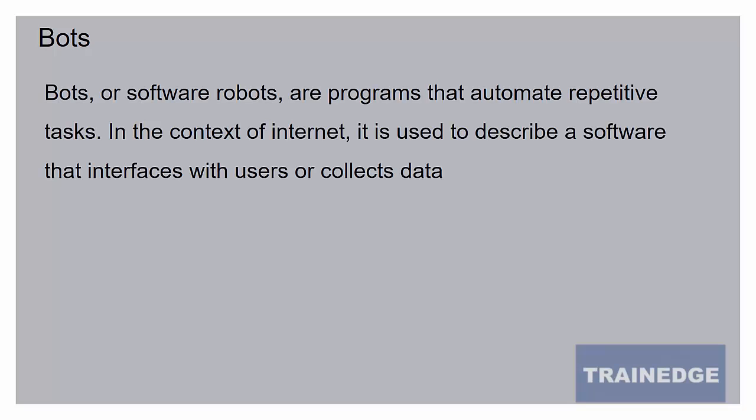Let us understand bots a little bit better. We have been talking about bots for a while, so let us see what bots really are. A bot or a software robot is a program that automates repetitive tasks. So you want to do something repetitively without the intervention of humans, you write a software program that does it for you.